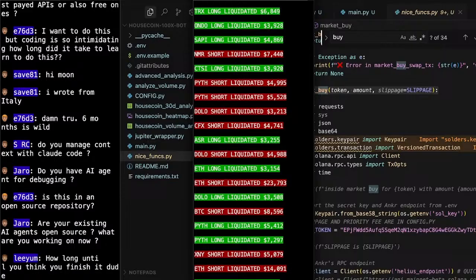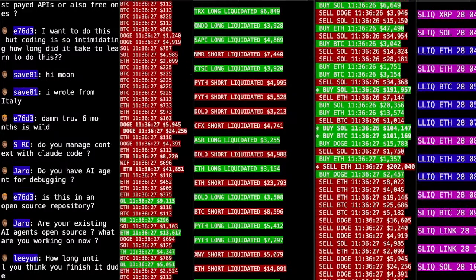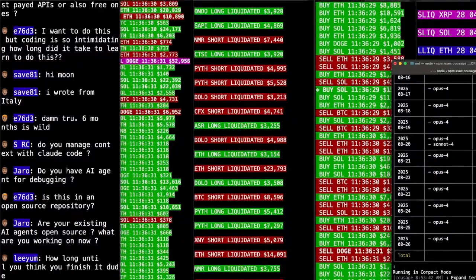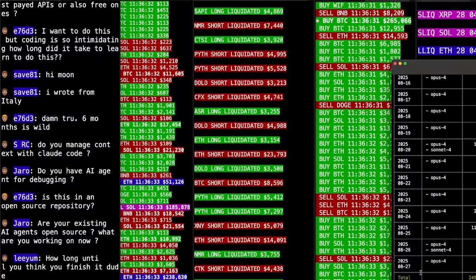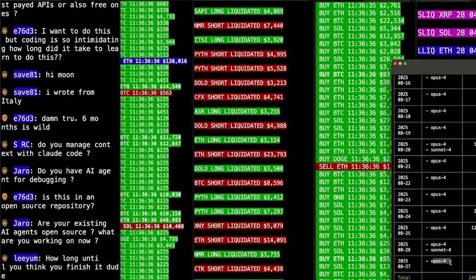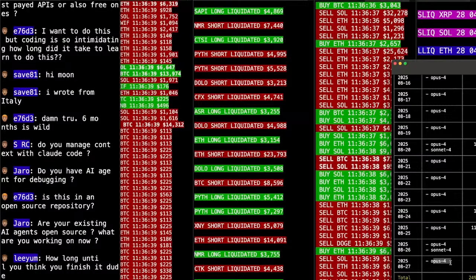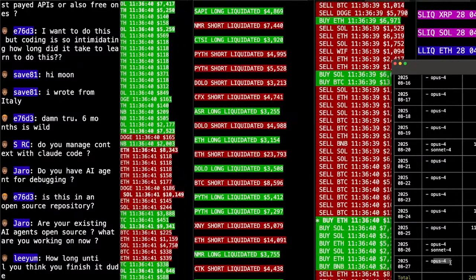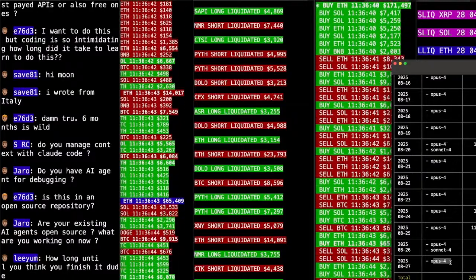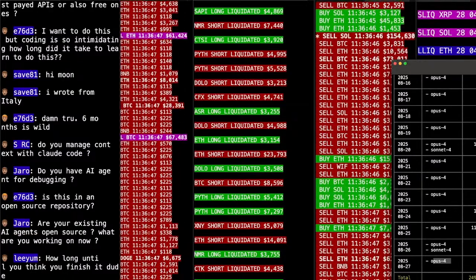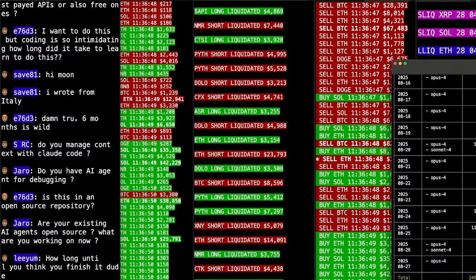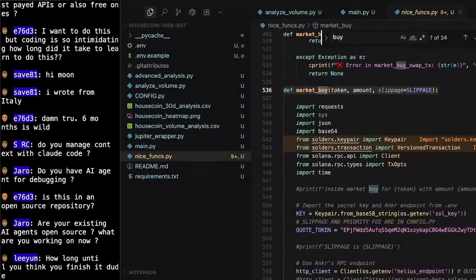NPX usage here. Okay, so I've spent $37 on Opus 4 today. I like that because I pay $200 a month, so I just want to make sure that I'm actually working and getting my money's worth. You can see I've spent $1,300 for my $200 subscription, and that is a good trade for me. That's a good trade for me if you ask me. But you didn't ask. I'll tell you anyways.